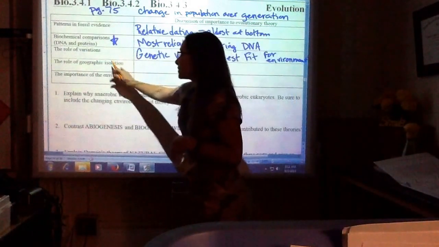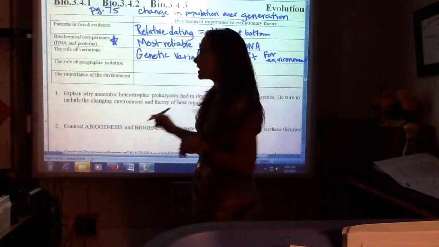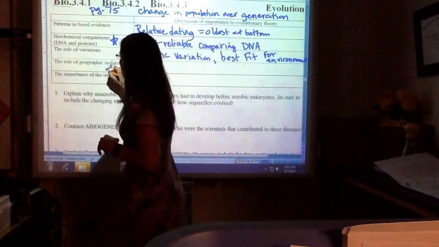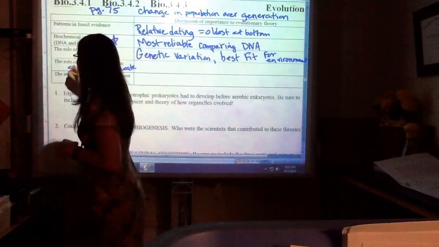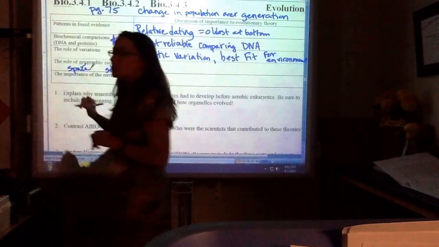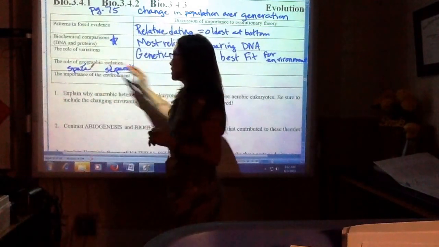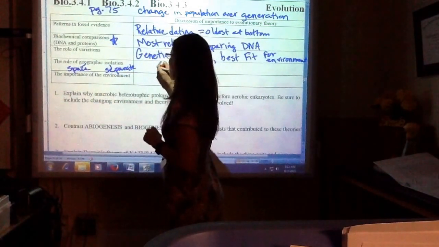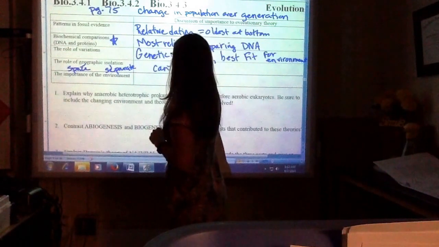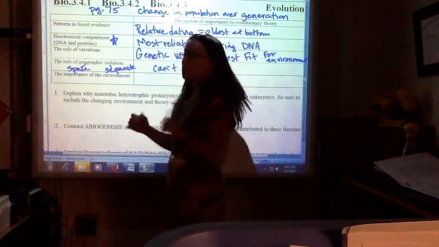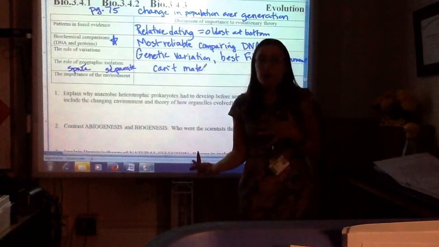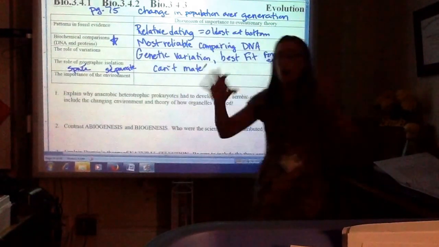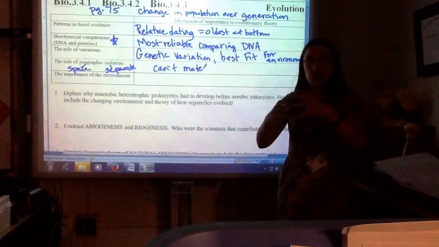We are also expected to know about geographic isolation. Remember, isolation means to be separate, and geographic means to be separate by space. So if you are separated by space, this means that you can't mate, which means you can't reproduce, which means you're not sharing genes in your offspring, which means that you're not going to be able to stay one species.